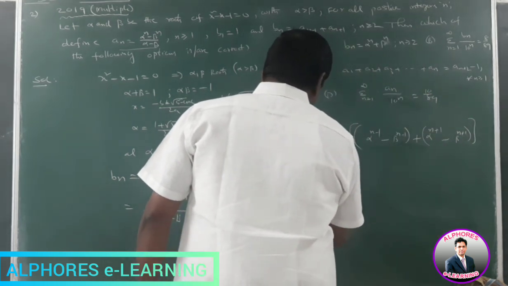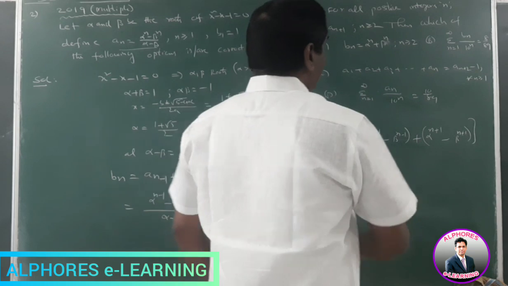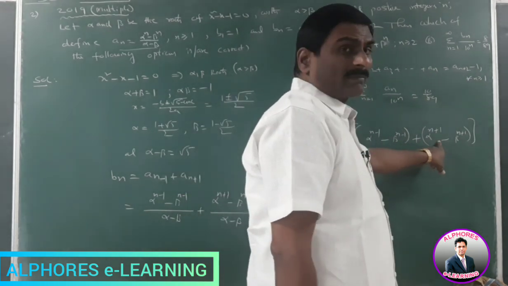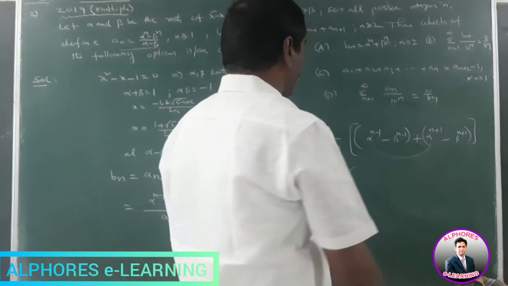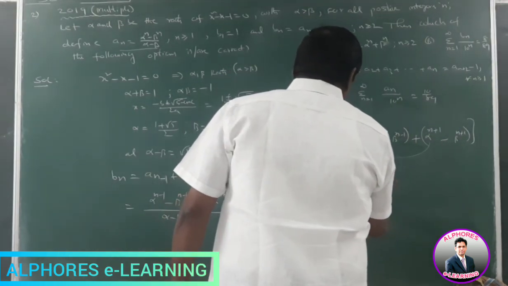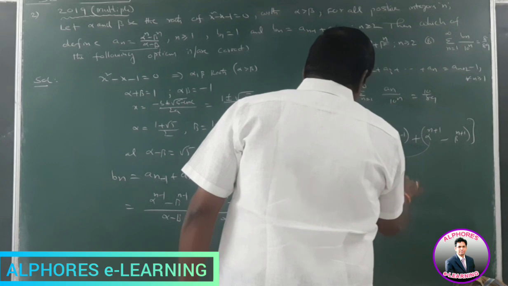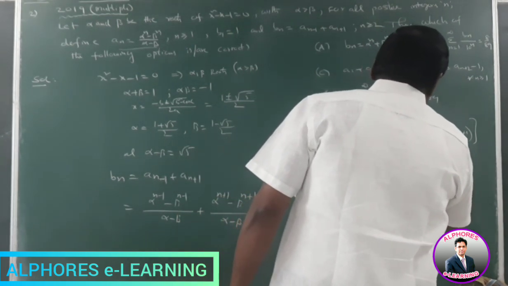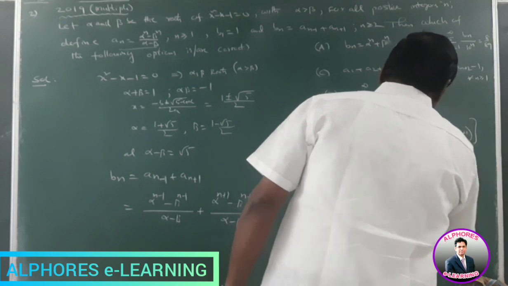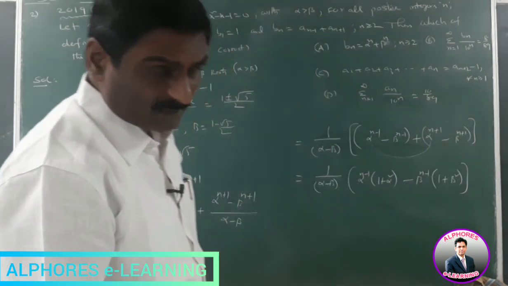That is equal to 1 by alpha minus beta into, here alpha power n minus 1 and alpha power n plus 1, the common term is alpha power n minus 1. So, alpha power n minus 1 of 1 plus alpha square. Again, minus of beta power n minus 1 is the common term, 1 plus beta square.